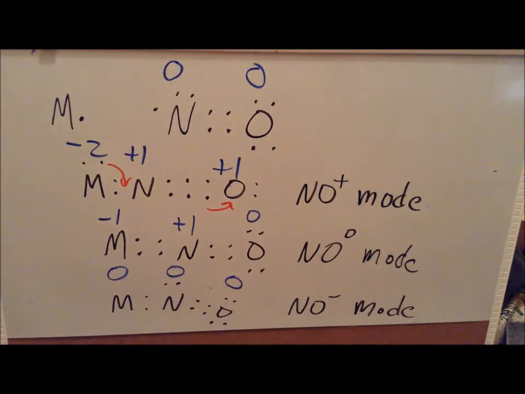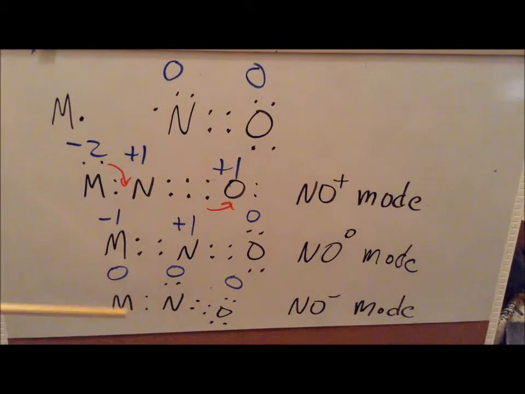Now, one of the interesting features of this, which is not obvious from Lewis dot theory, but which we get from the valence shell electron pair repulsion theory, otherwise known as the VSEPR theory, is that now that we have a lone pair on nitrogen, nitrogen becomes effectively sp2 hybridized. So it becomes trigonal planar, and we get a bend.